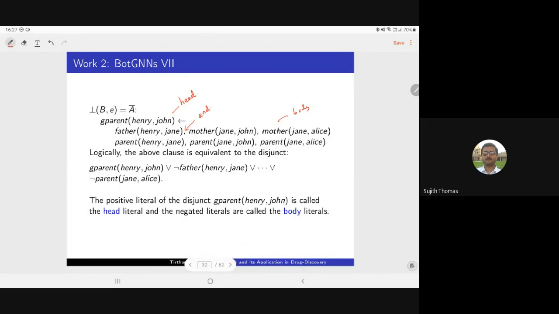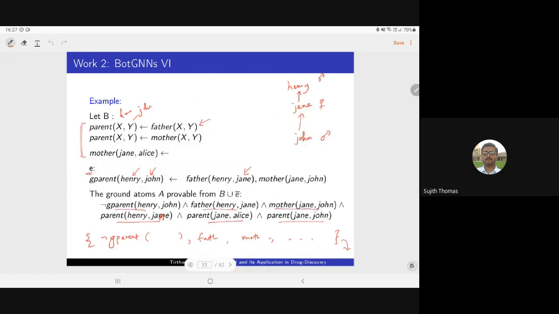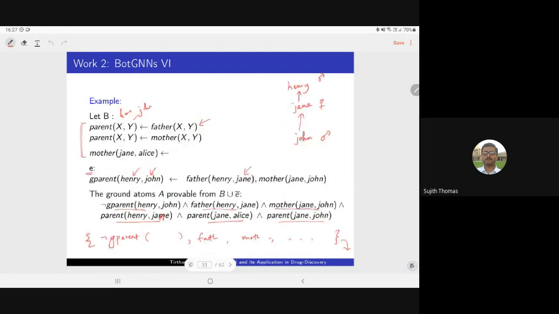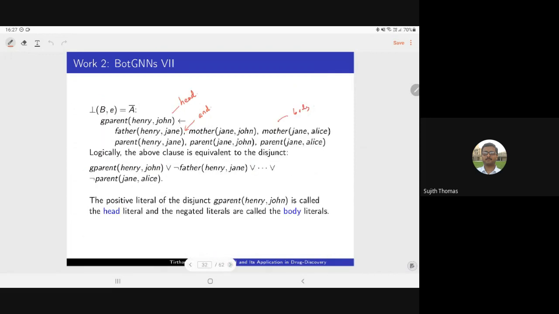If you look at this, sorry, I made a mistake in the previous one. Since these are the things which are B union negated E, to obtain the hypothesis we need to take another negation, which will return this set.